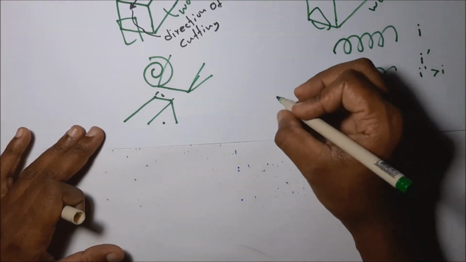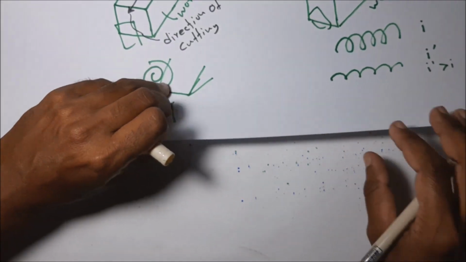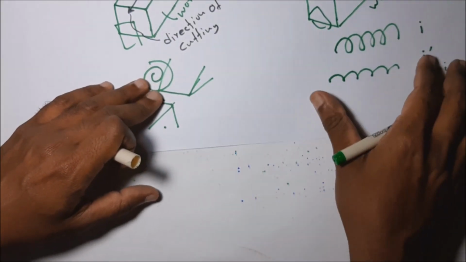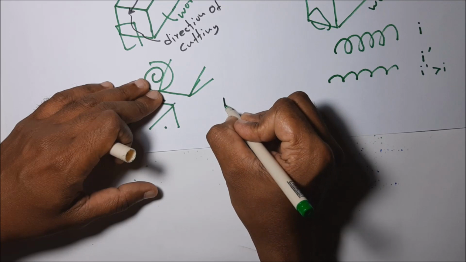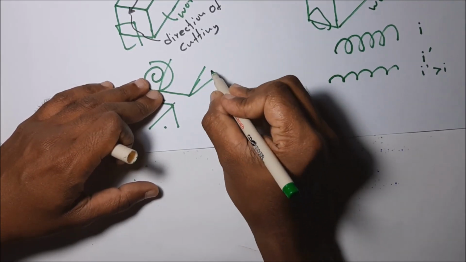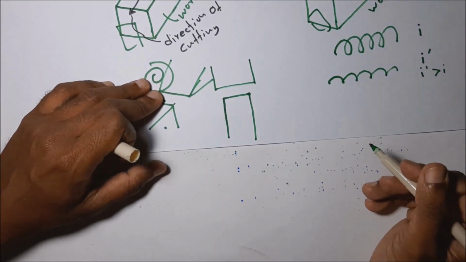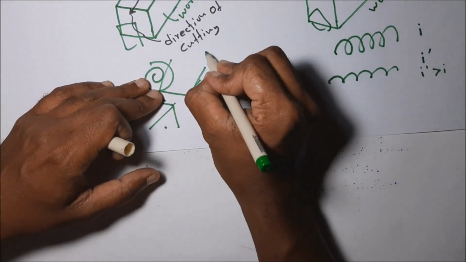So I will draw a two-dimensional diagram for this one. Let's take this is the view looking from the top. This is for the orthogonal cutting.